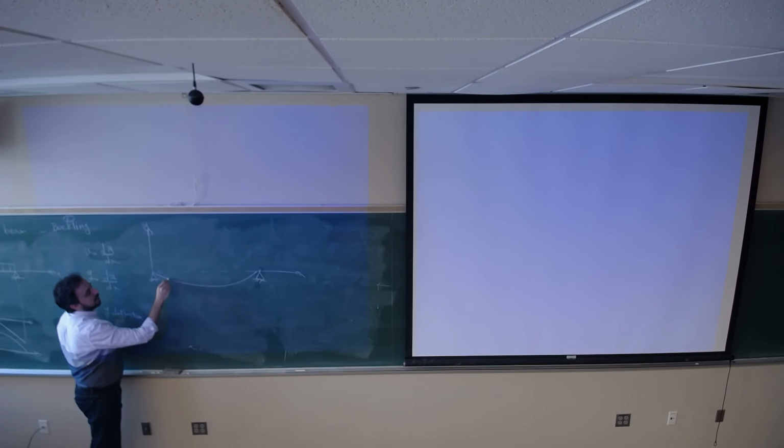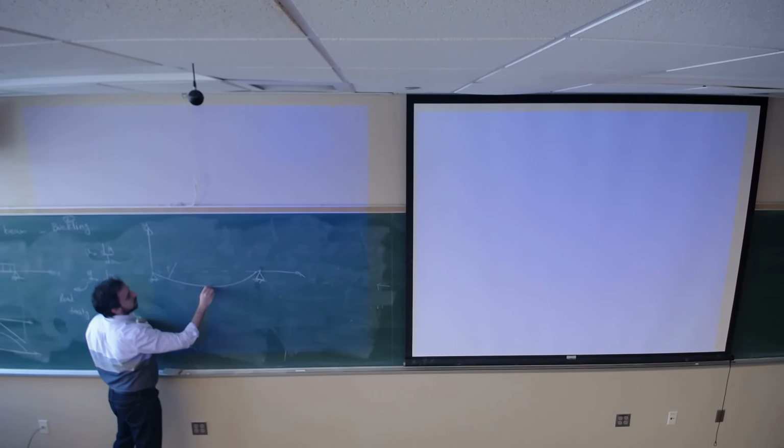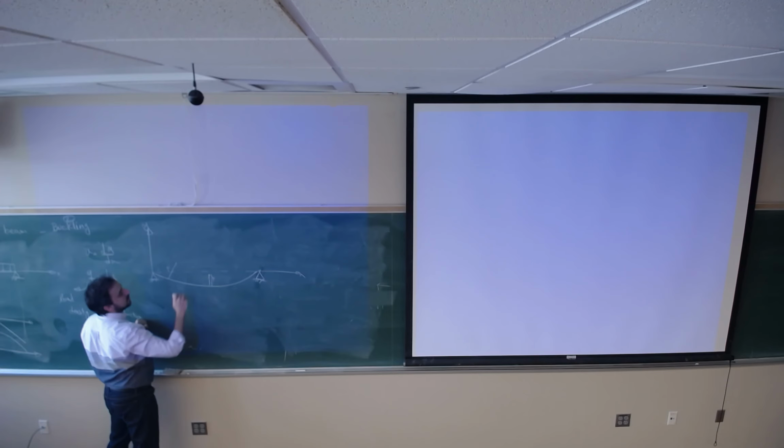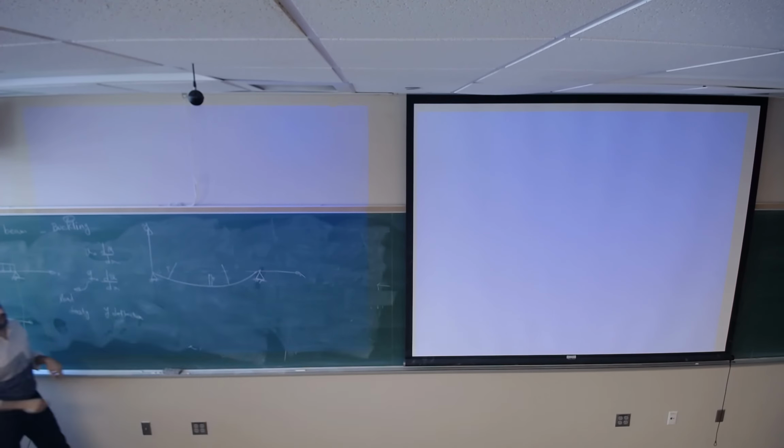So each point has its own radius of curvature. This point has the radius of curvature with this length, this point has the radius of curvature with this length, and this point has something like this. So each point has its own radius of curvature that I represent by rho.